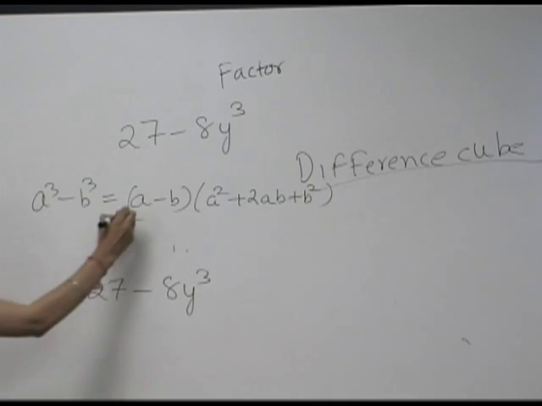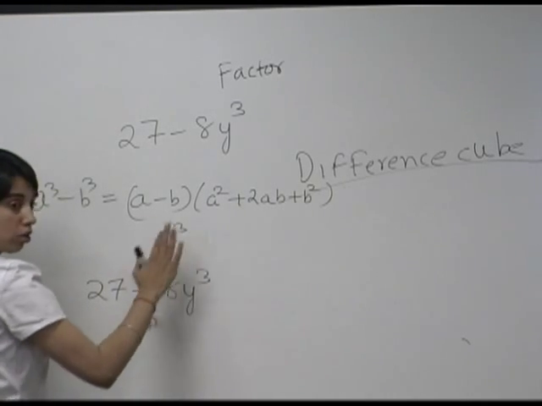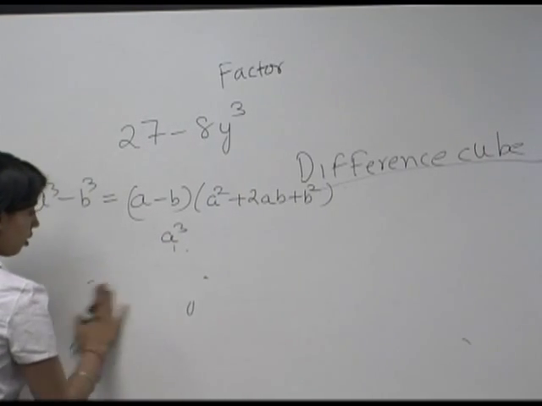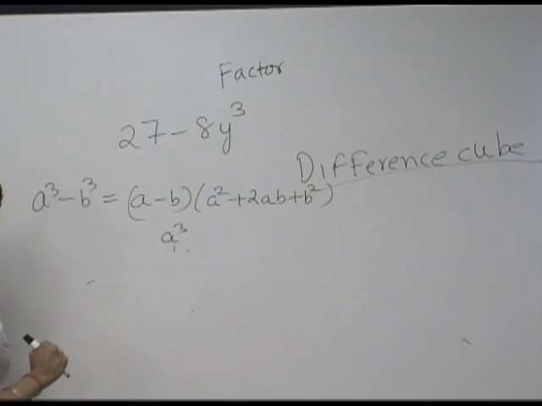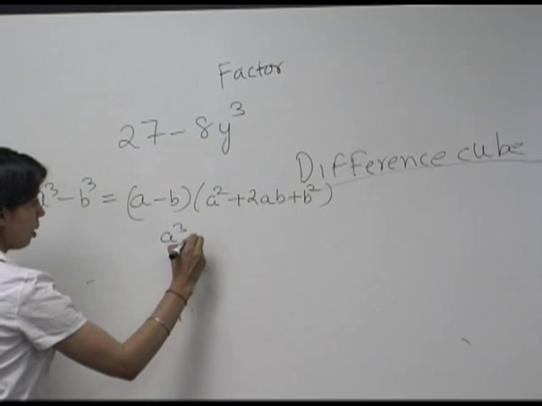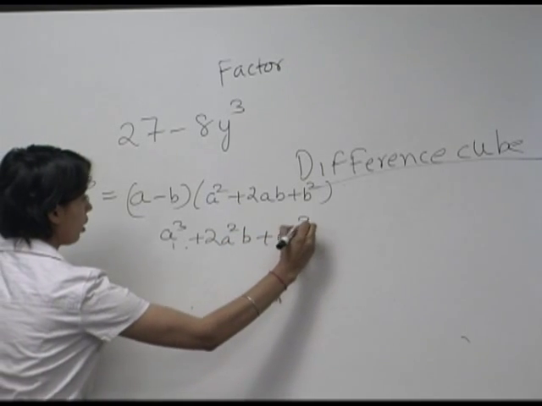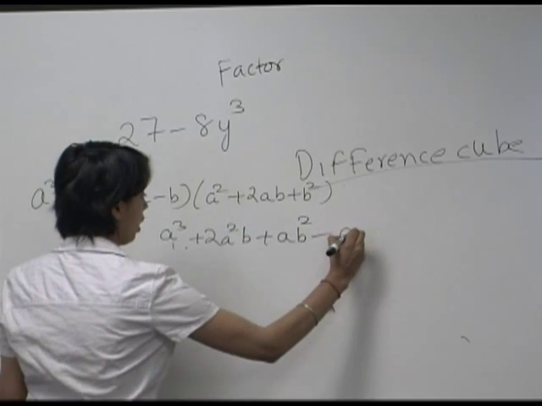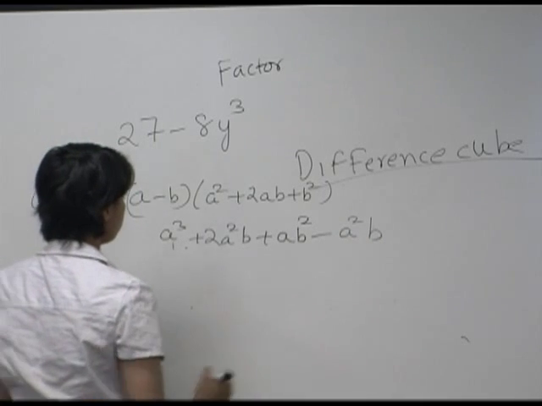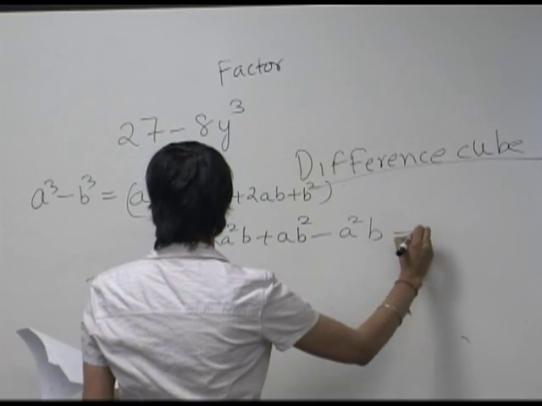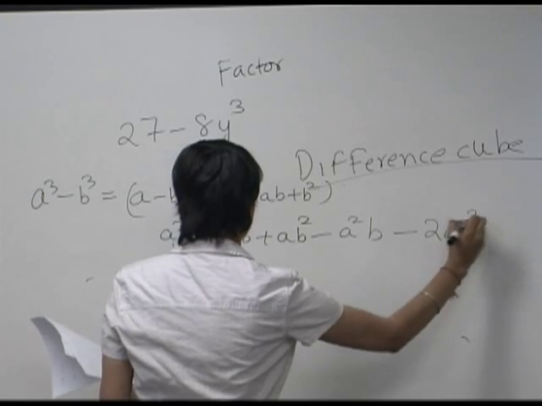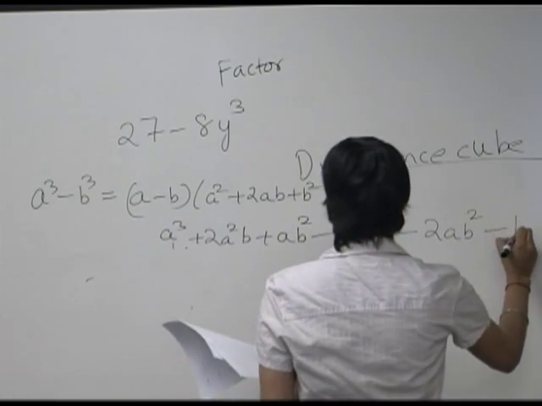If I FOIL this, I'm going to do it very quickly to see whether it comes out to be a cube minus b cube or not. Let's say a cube plus 2a squared b plus ab squared minus a squared b and minus 2ab squared minus b cube.